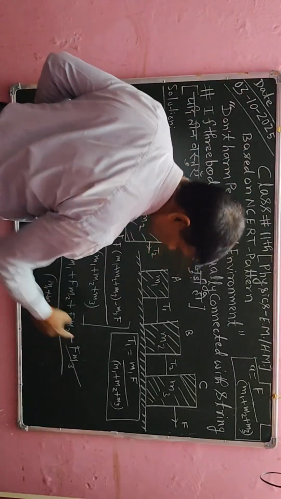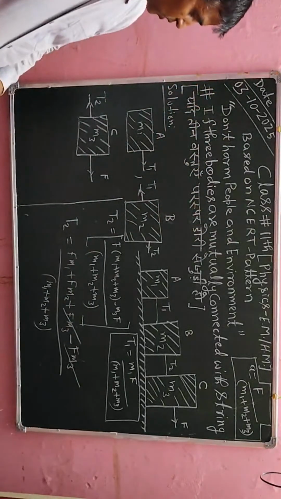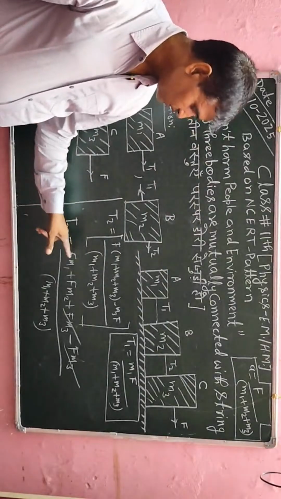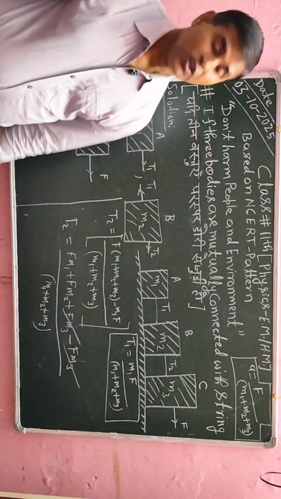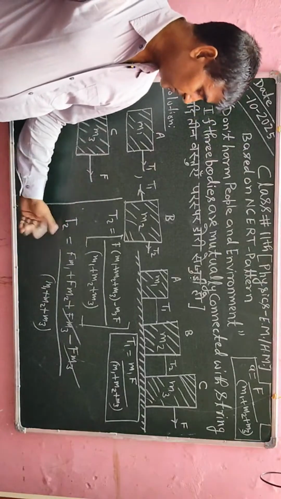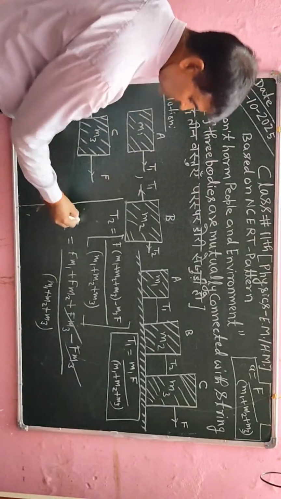Okay, so this FM3 and this FM3 will cancel out. So after simplifying, I will get FM1 plus FM2 divided by M1 plus M2 plus M3. So this value will be the value of T2, and this T2 is the tensile force.